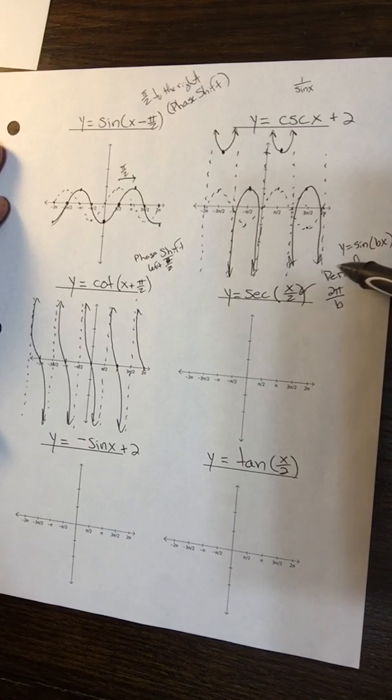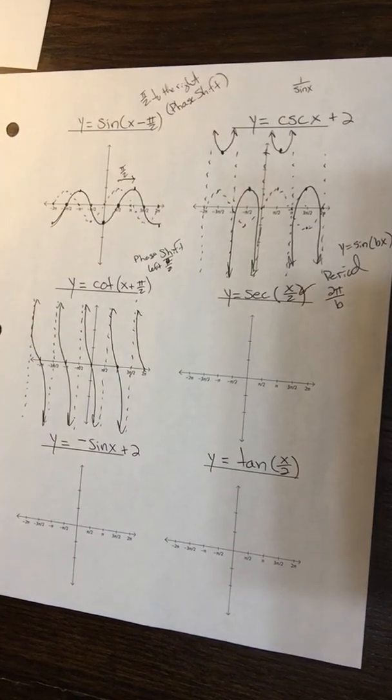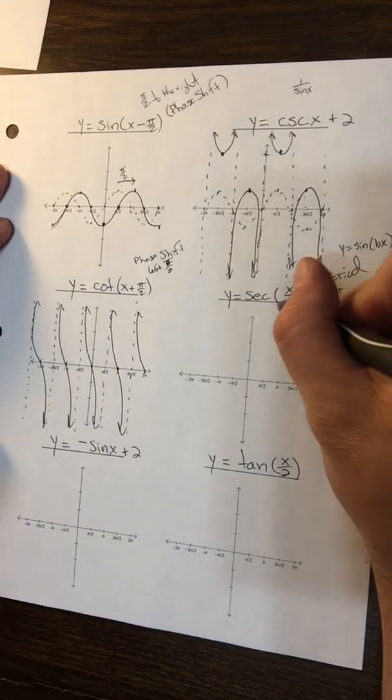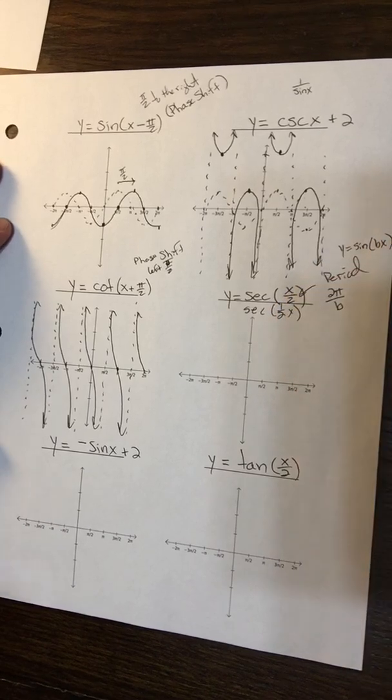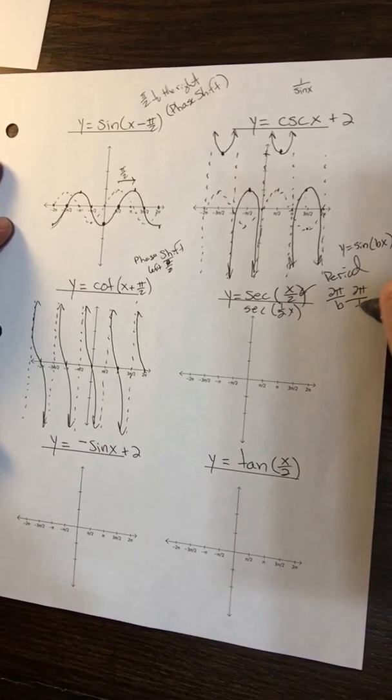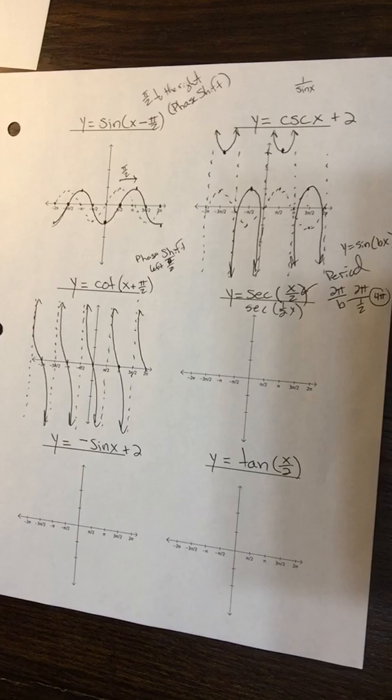And I should be talking about cosine instead of sine because secant is 1 over cosine, sorry. But since this is like the secant of 1/2 x, what I'm really doing is dividing 2 pi by 1/2. If you take that and flip and multiply, 2 pi times 2 over 1 is 4 pi. So the period is 4 pi.